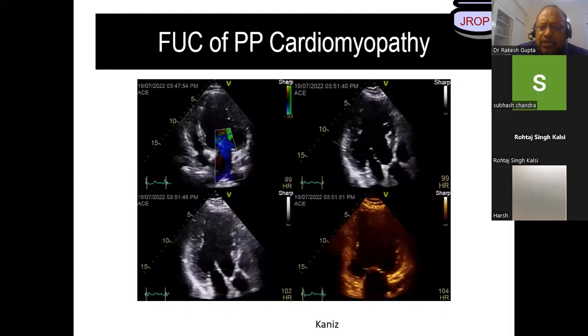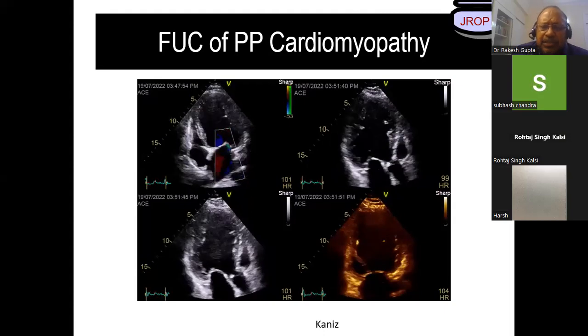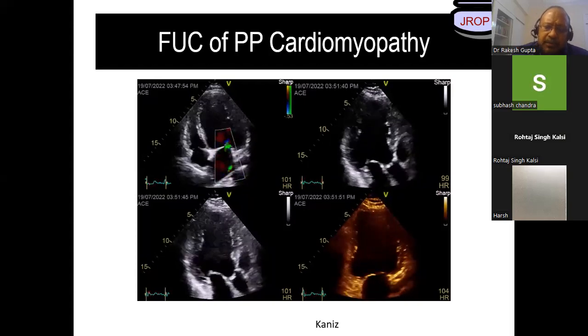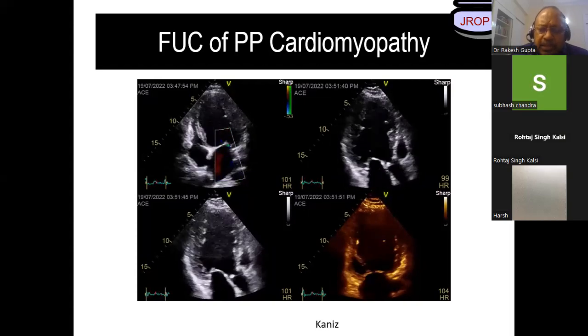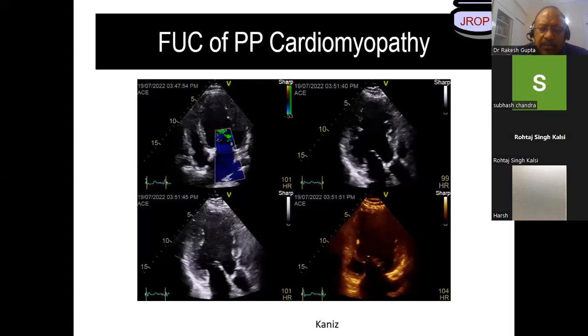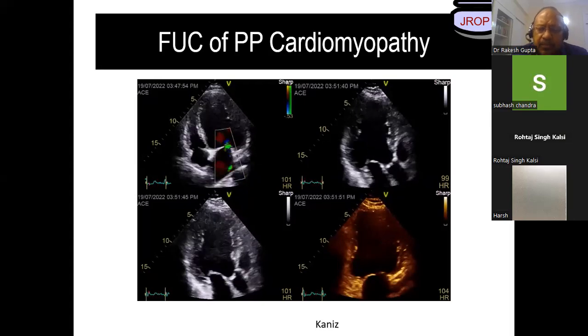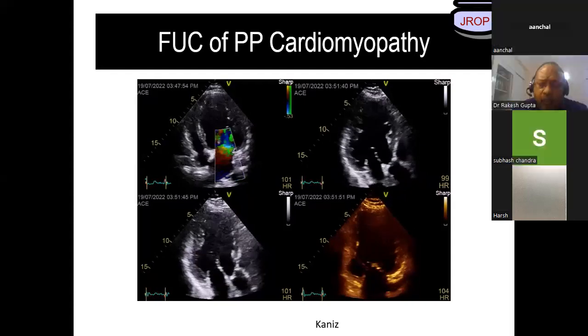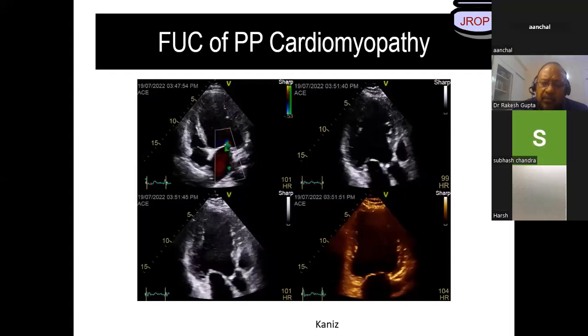I'm not very happy today, Subhash, looking at the answers I'm getting from every one of you. I'm not really happy at all. Is this tissue Doppler? These are B scan colors. They are not tissue Dopplers.